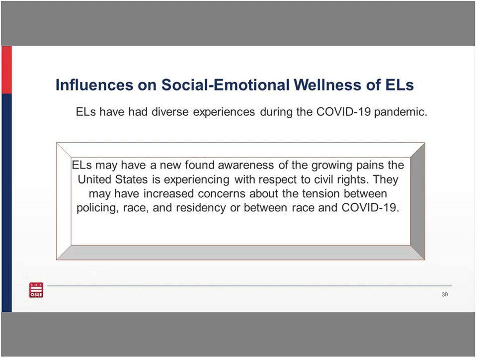What has come to light more recently during the pandemic is that we're going through growing pains as a country with respect to civil rights. And a month or so ago, there was a lot in the news about tension between police and communities of color.